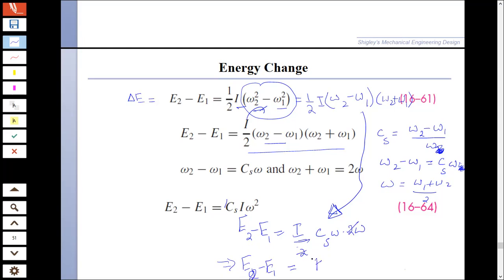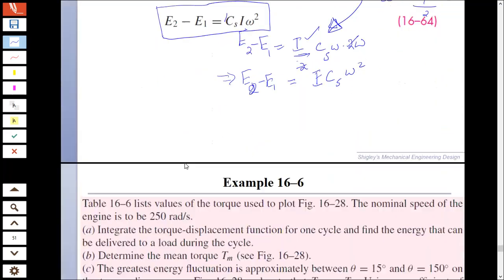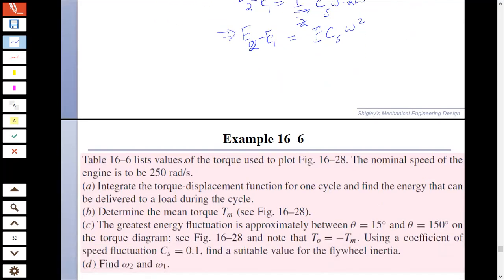I'll have I, and CS omega square. Okay? So this is my equation now, that E2 minus E1 is equal to I CS omega square. Now let's look at this.